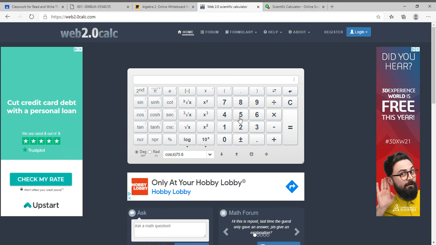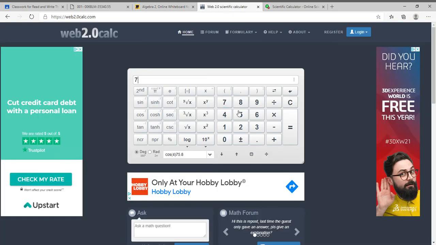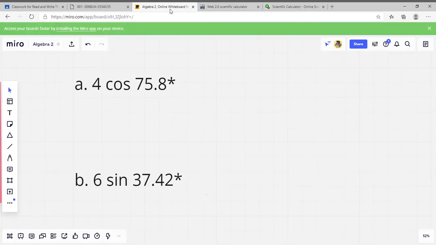So I'm going to put in my 75.8 and hit cosine, and then multiply that times 4. So 75.8 cosine times 4, and we get 0.98, and that's the correct answer.